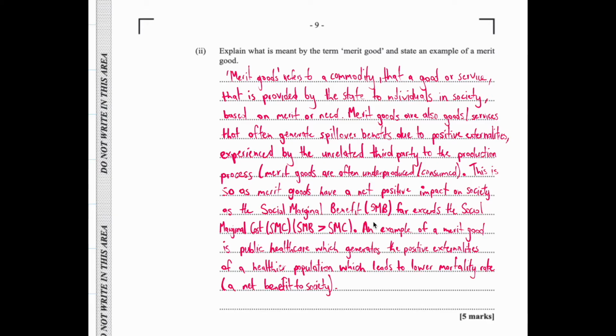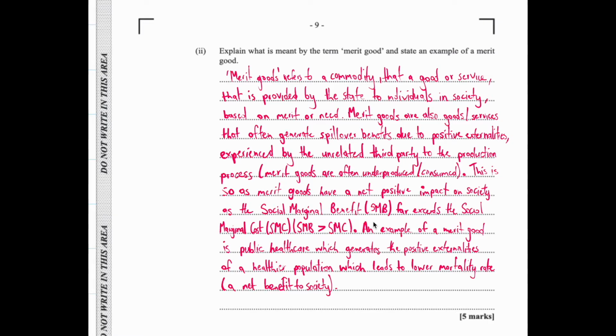So for education, you can look at how college tuition is always so high. That's a good way of thinking about it for merit goods. Further on, I say this is so as merit goods have a net positive impact on society, as the social marginal benefit (SMB) far exceeds the social marginal cost (SMC). So SMB is greater than SMC.